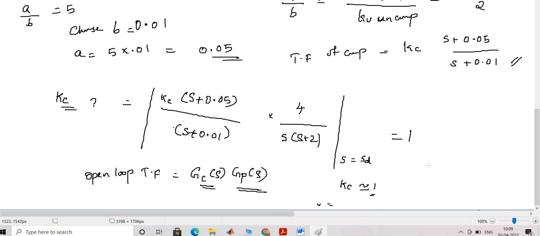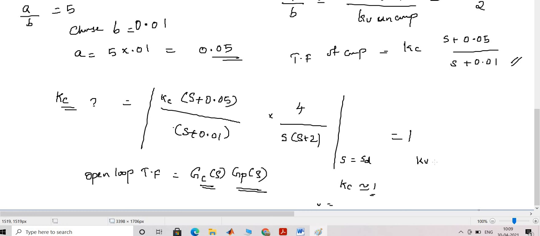The transient specifications, that is with respect to peak overshoot and peak time, are already satisfied, since the dominant poles are lying on the root locus.